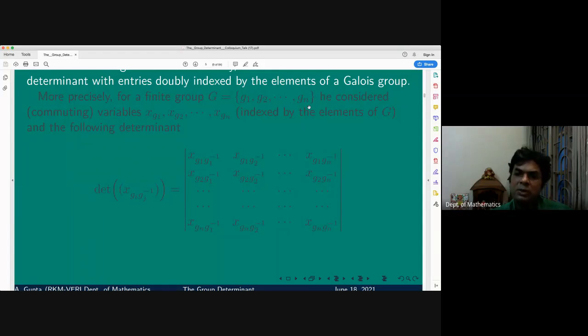It depends on the group multiplication. And from the second row onwards, if you think about it, you are going to get a permutation of the first row. So all the rows contain all these variables indexed by all the group elements: x_{g1}, x_{g2}, up to x_{gn}.